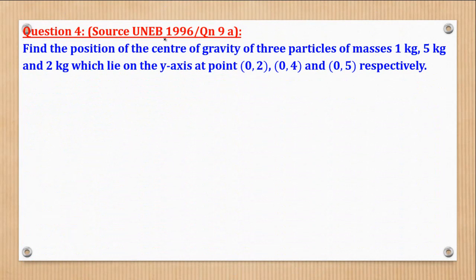Question 4 came from UNEB 1996 part 2, question 9a, and says, find the position of the center of gravity of 3 particles of masses, those ones, which lie on the y-axis at points these ones, respectively.